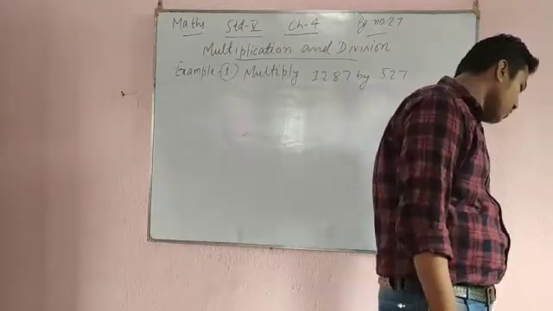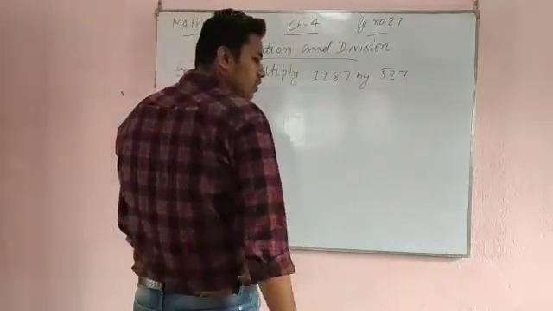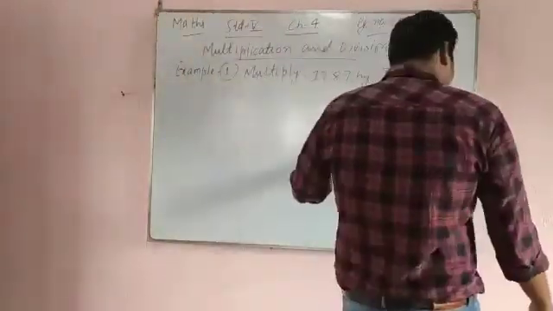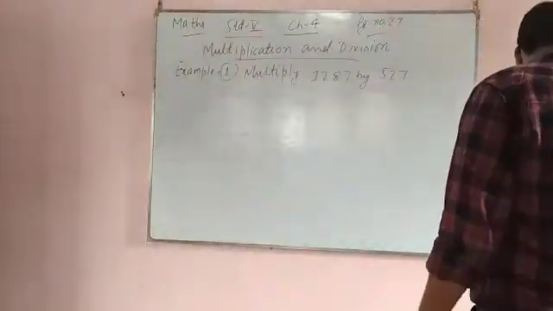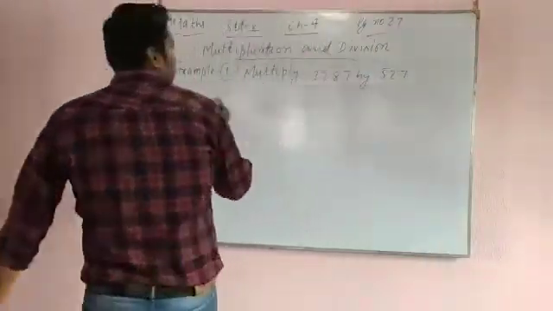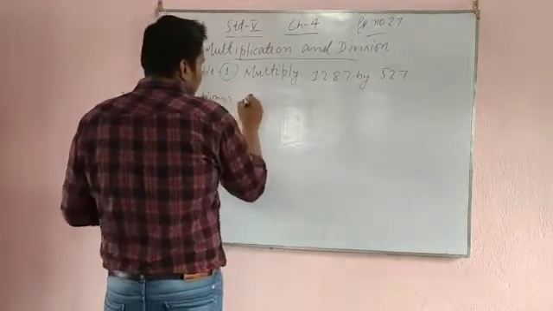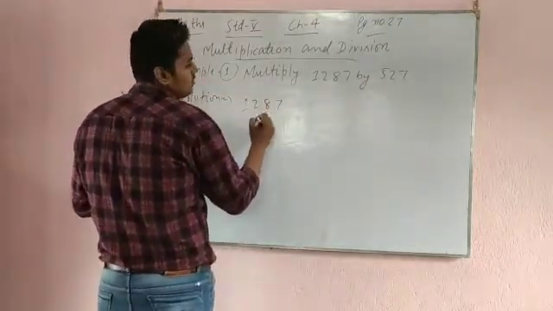I am going to explain first in an easy way how it is explained in your example. You can see 1287 by 527. The first method is to simply multiply.